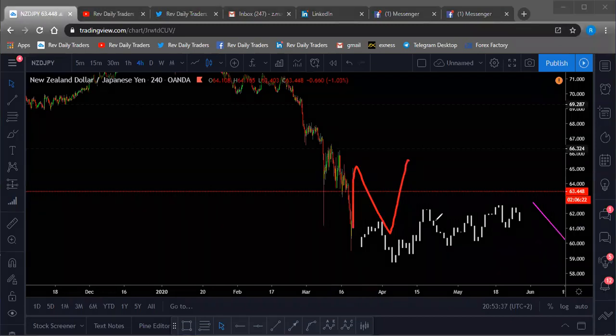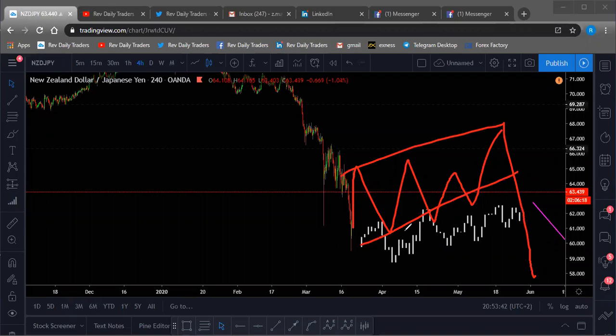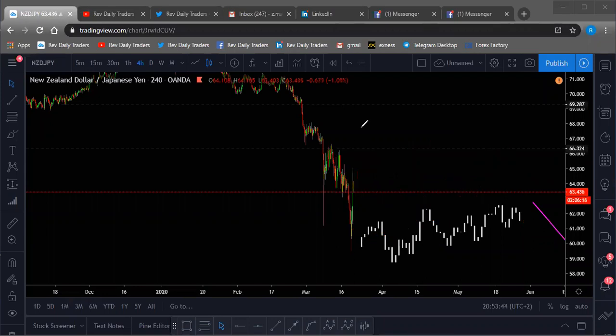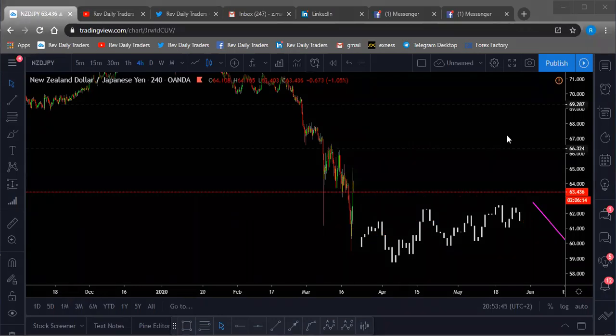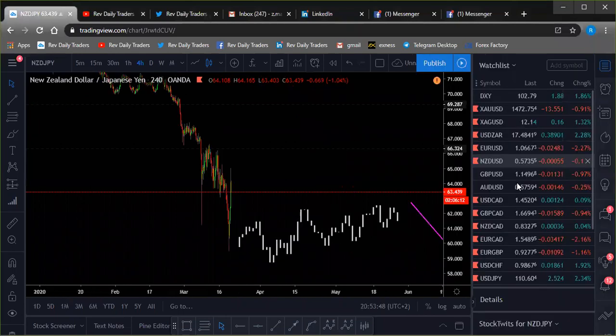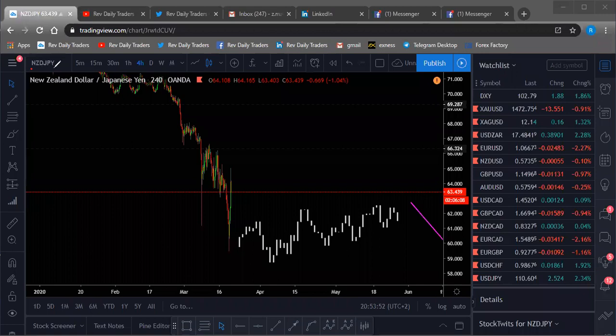Look for a correction structure here for us to take us down. I would say leave NZD yen for the moment and trade others because it's not giving us anything now. Okay.